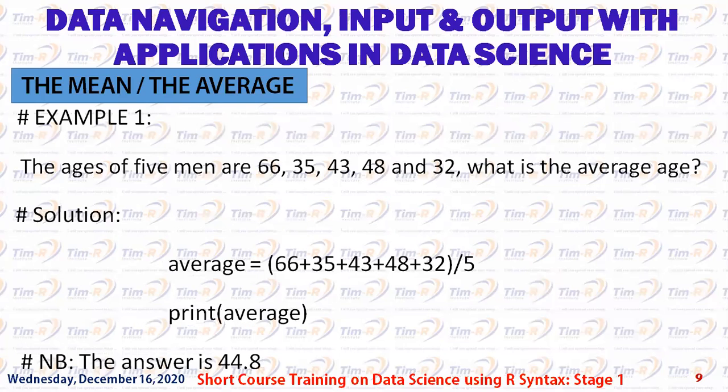On slide 9, as I told you earlier, you are going to type in average is equal to, oh, sorry, you have to put that C at the back. Sorry, put C at the back. I will adjust my notes a little bit. You put that small C because it's like you are entering these figures into R. So you put that small C before the brackets: C bracket 66 plus 35 plus 43 plus 48 plus 32, close bracket, and slash 5.